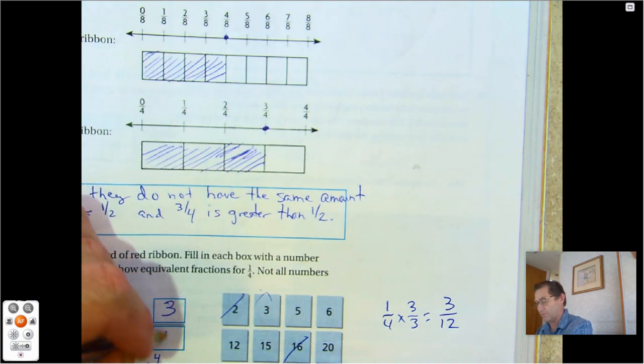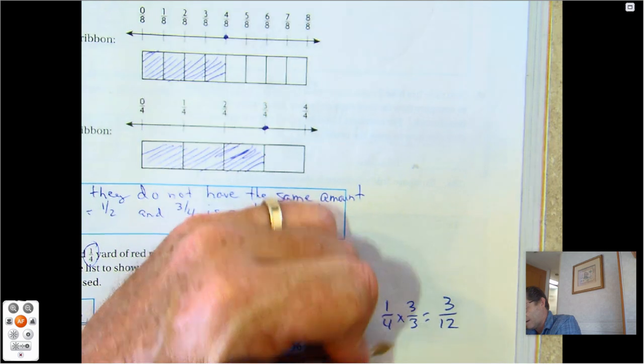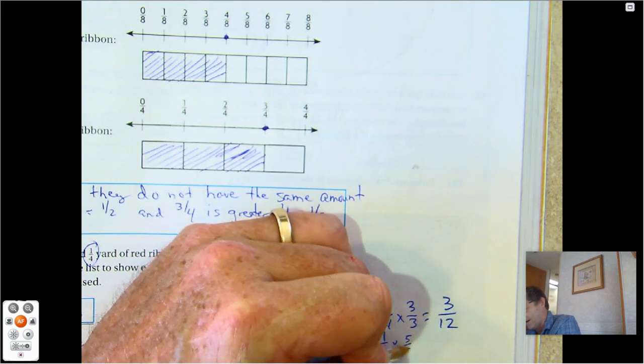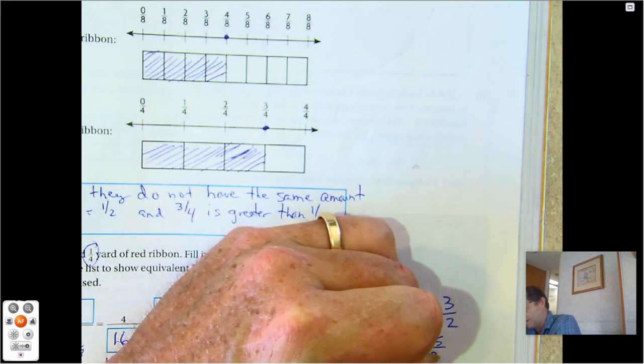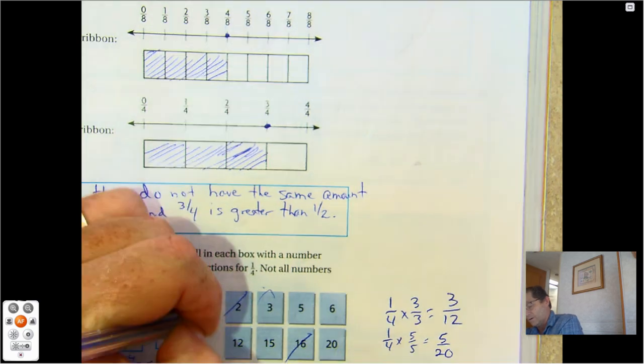All right. How about 1/4 times 5/5? That would give me 5/20. Well, there's not a box for it, but 5/20 does work.